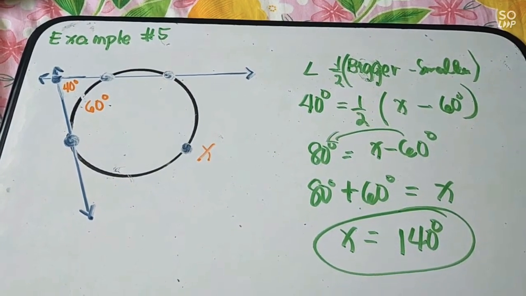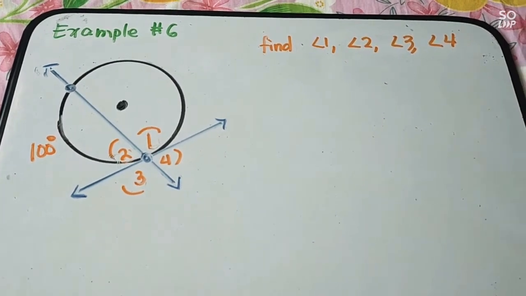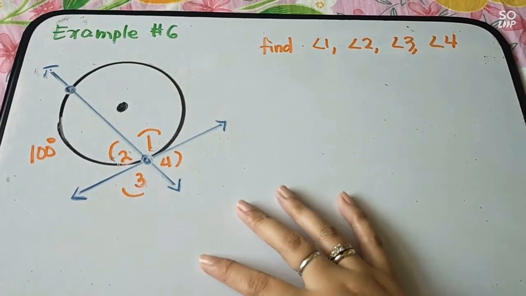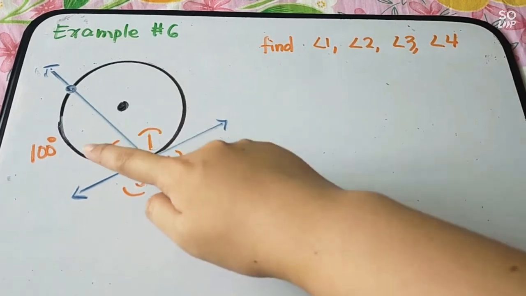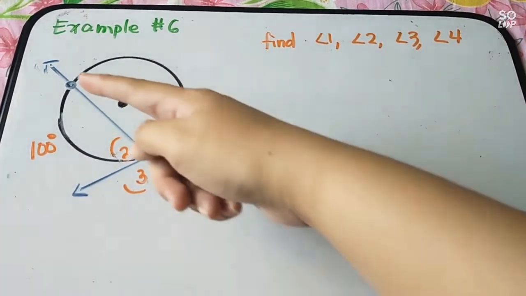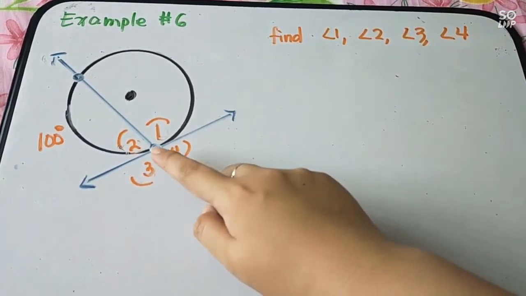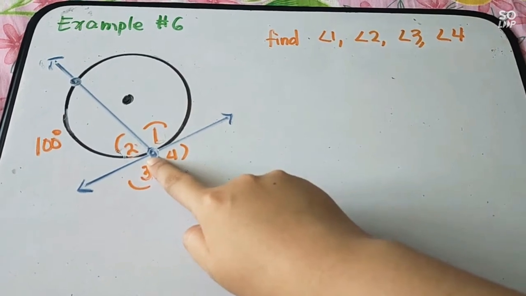Let us move with example number 6. We have a given circle here. We are going to find for angle 1, angle 2, angle 3, and angle 4. As you can see, the given here, we have a secant intersect with the tangent in a point of tangency. Okay?